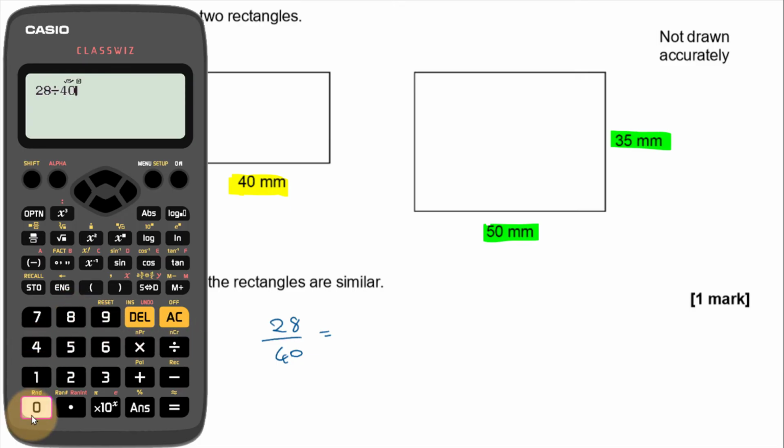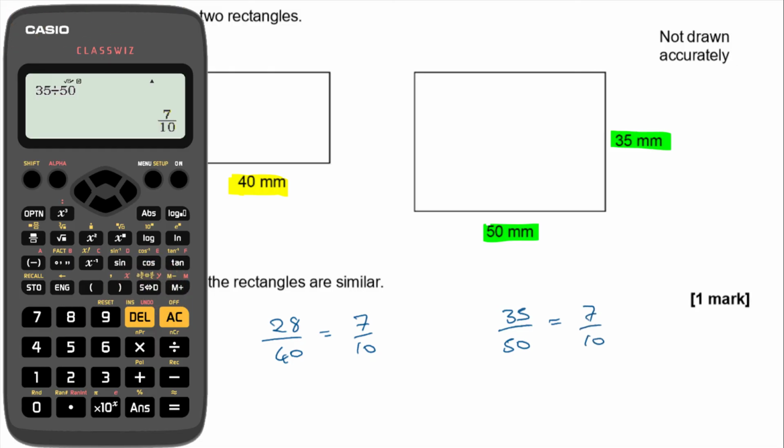28 over 40 as a fraction is the same thing as 7/10. What is 35 over 50 in its lowest terms? 35 over 50. Oh, look at that. That's also 7/10.